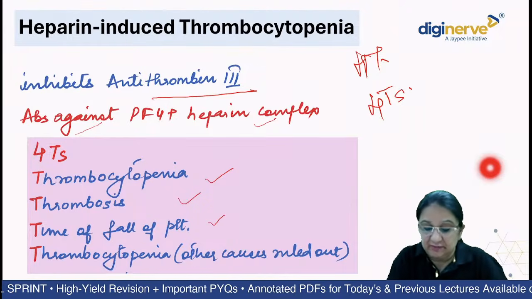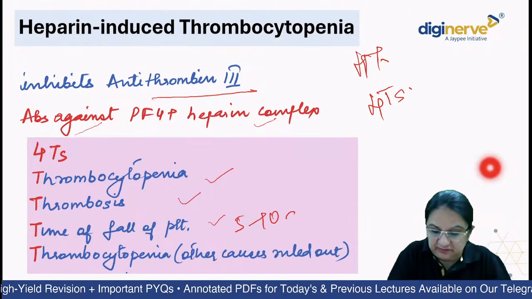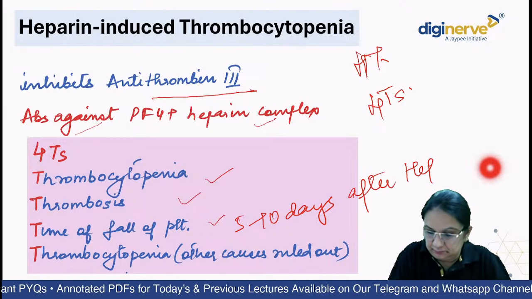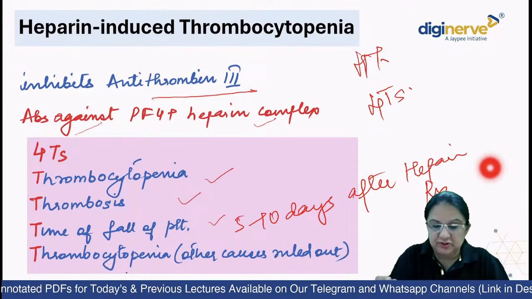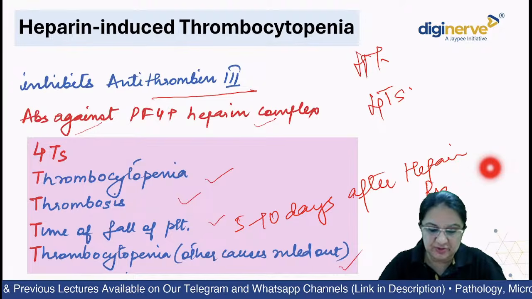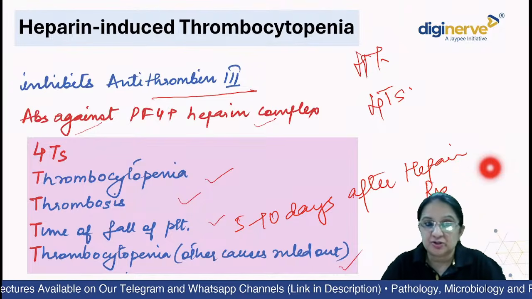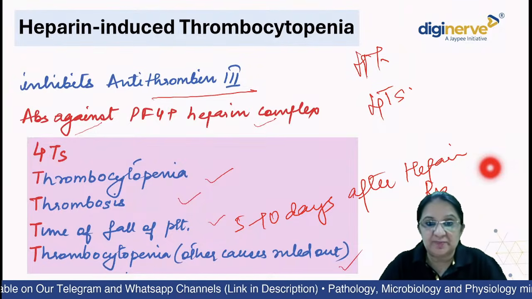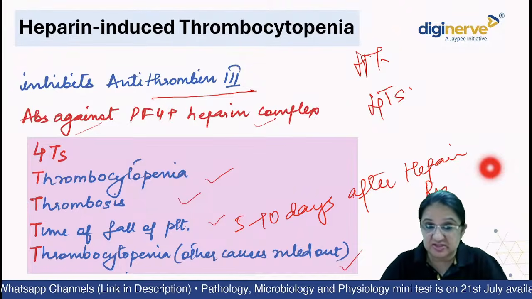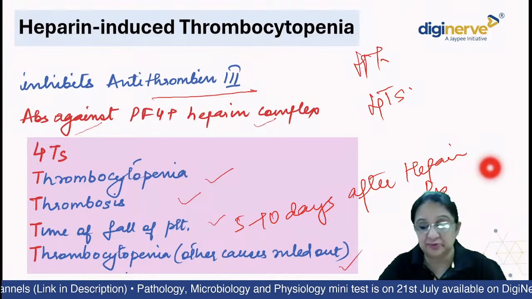It is usually 5 to 10 days after the heparin therapy, then other causes of thrombocytopenia have to be ruled out. So thrombocytopenia, because of heparin, started 5 to 10 days after heparin therapy, patient experiences thrombosis and thrombocytopenia.